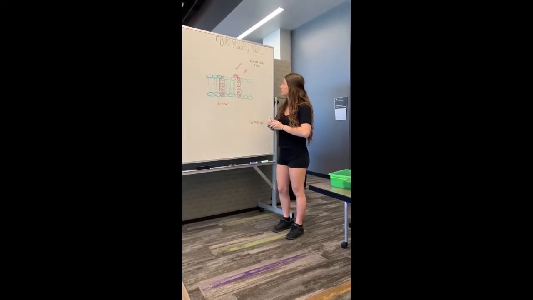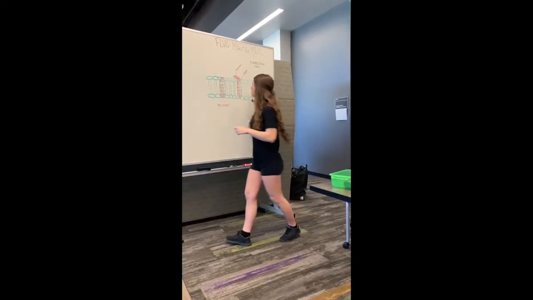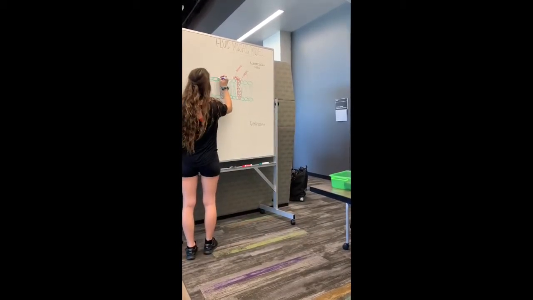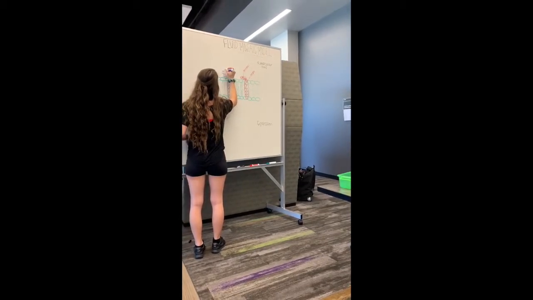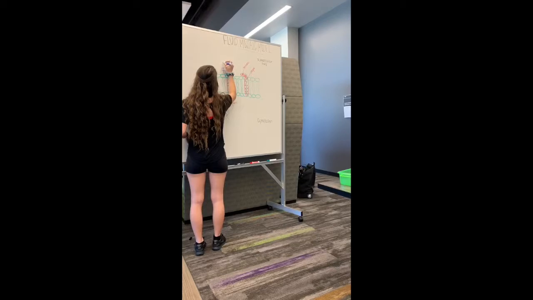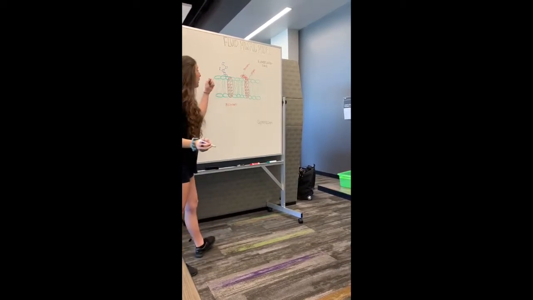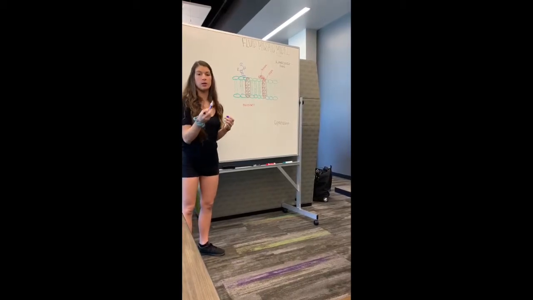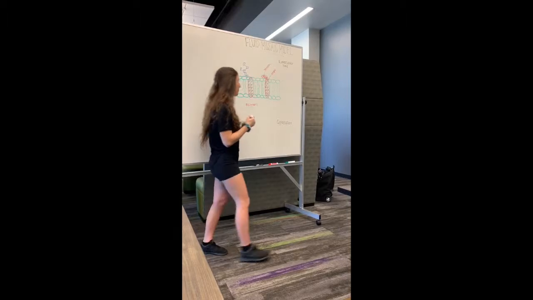All right, and we're going to draw a little something. So the thing that I just drew right here is a glycolipid, and a glycolipid is anything with fat and carbohydrates.